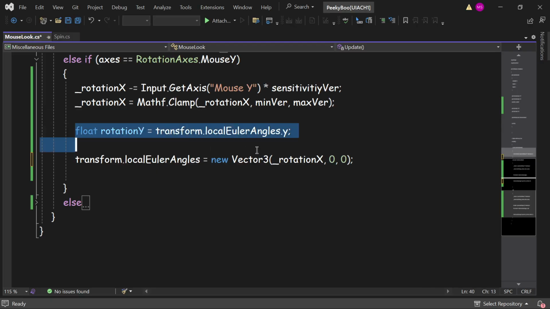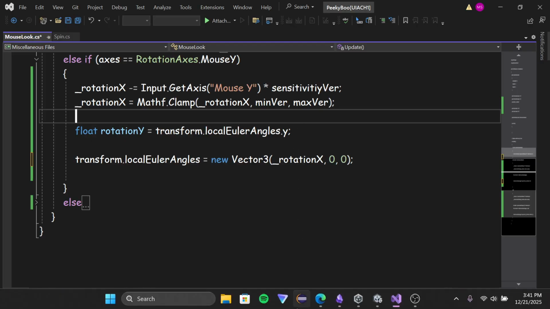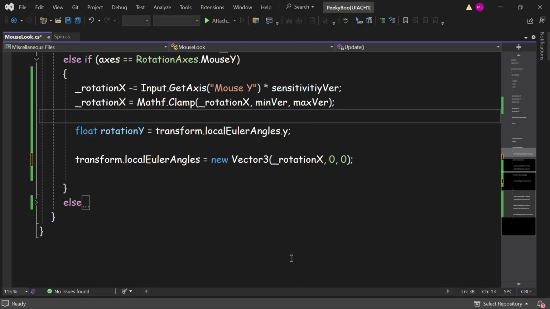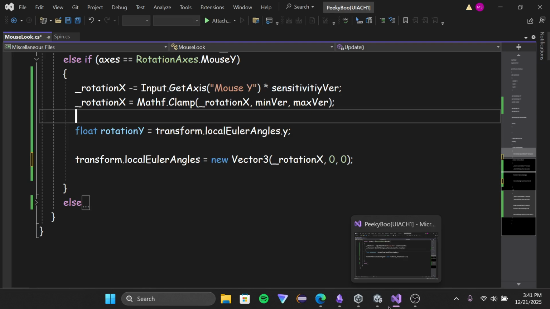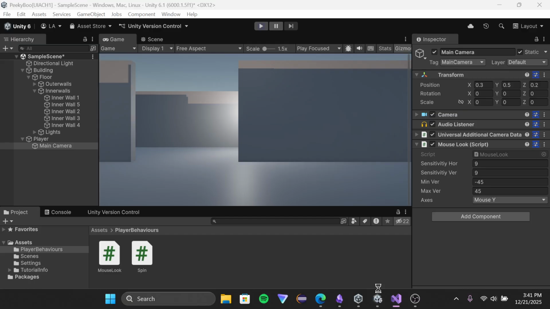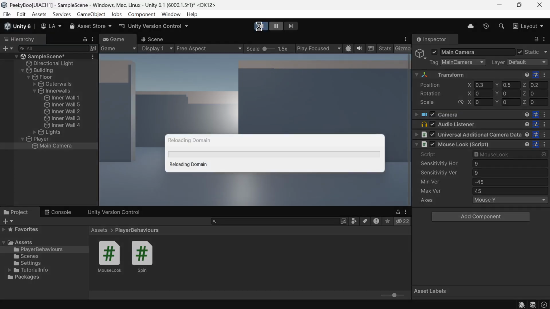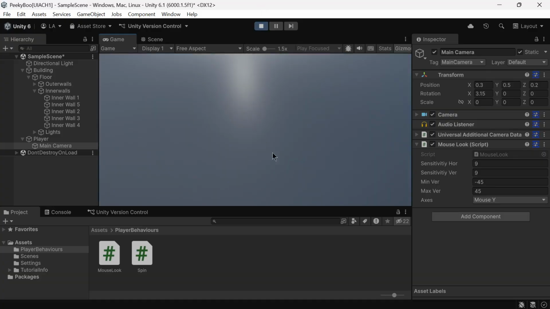Okay, so for this line here, this is rotation Y. You might be asking, what the heck is local Euler angles Y? It's keeping track of the horizontal tilt direction. We know that rotation Y initiates a type of horizontal tilt. So when we run this, we want to ensure that our Y doesn't change.